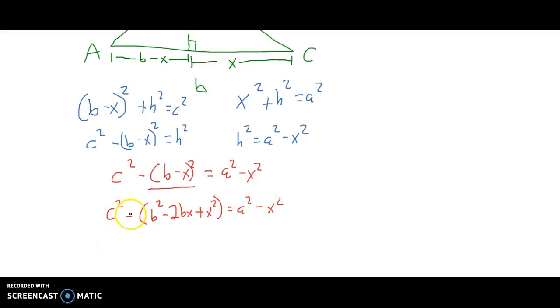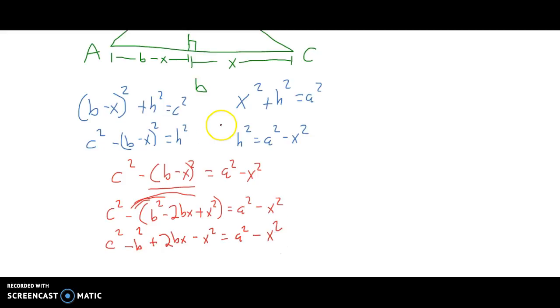If I distribute the negative, I can write this as c squared minus b squared plus 2bx minus x squared is equal to a squared minus x squared.